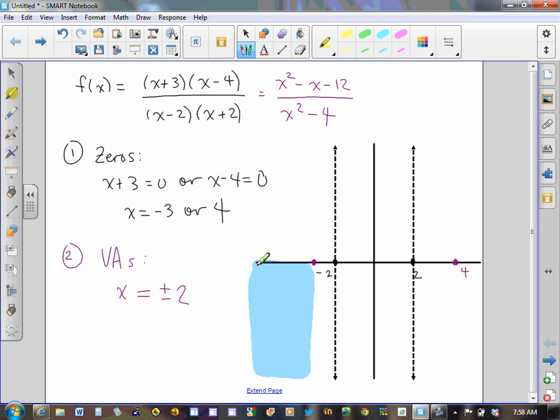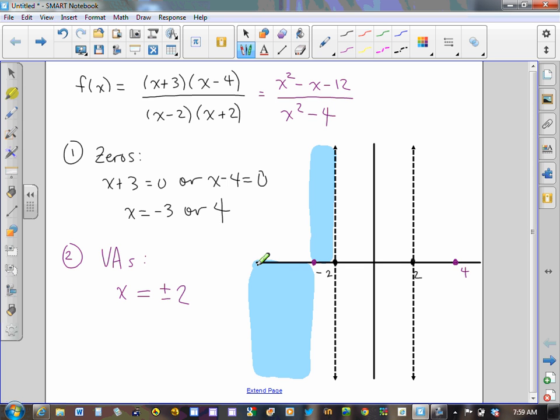Over the next interval between -3 and -2, the function cannot be positive. So we'll highlight this region. So this begins to give us a good idea of where the graph of the function is going to occur. We might even go so far as to begin sketching the function.